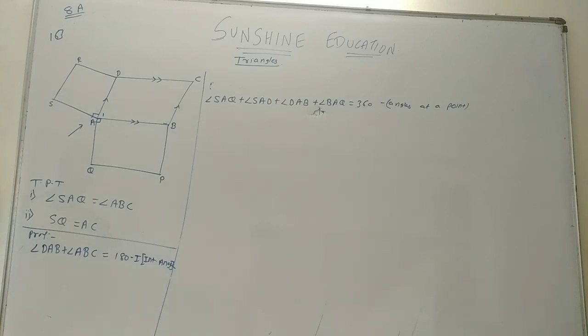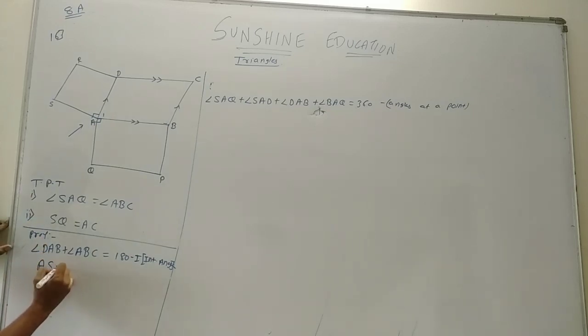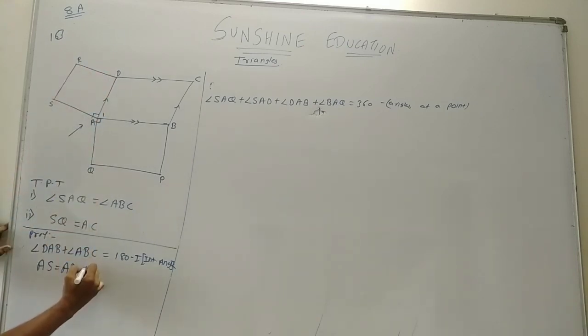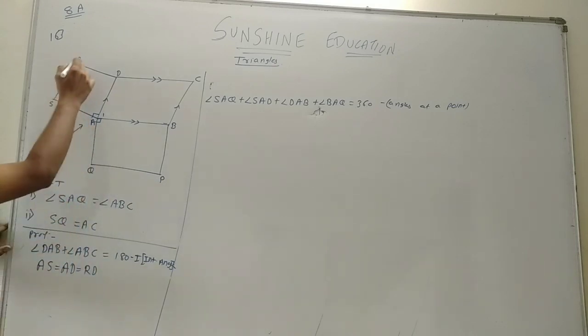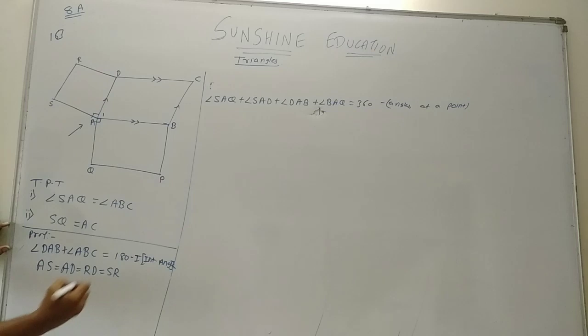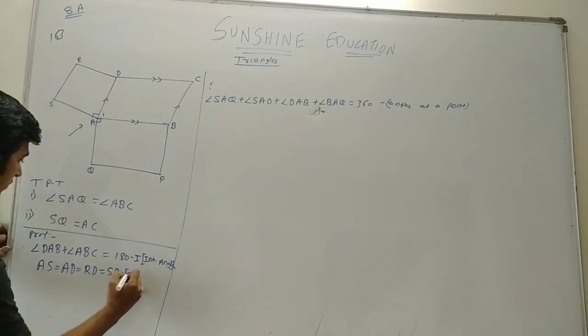And what else is there? All these sides are equal. AS is equal to AD is equal to DR is equal to SR, sides of the square.